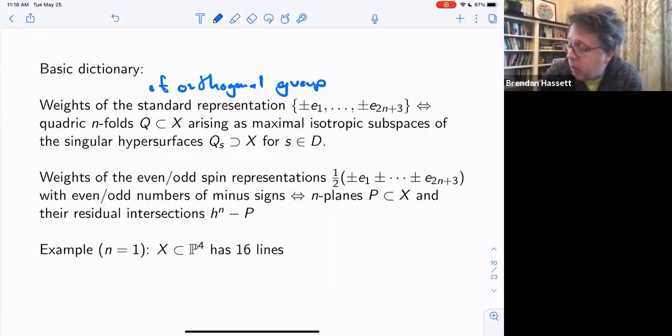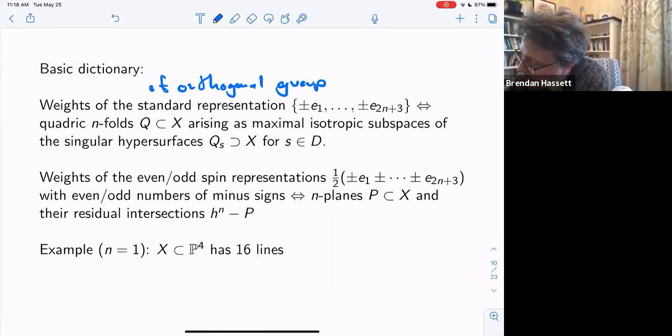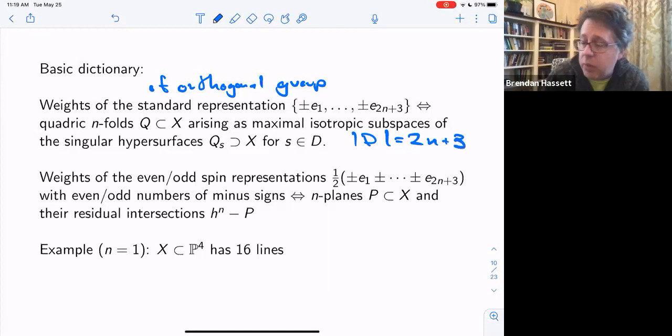If you remember, there were 2n+3 singular quadric hypersurfaces. We saw at the beginning that the degeneracy locus has 2n+3 points. Each of these quadric hypersurfaces has even rank, and that means there are two different types of maximal isotropic subspaces. Those give you the plus and minus e_j in the root system.